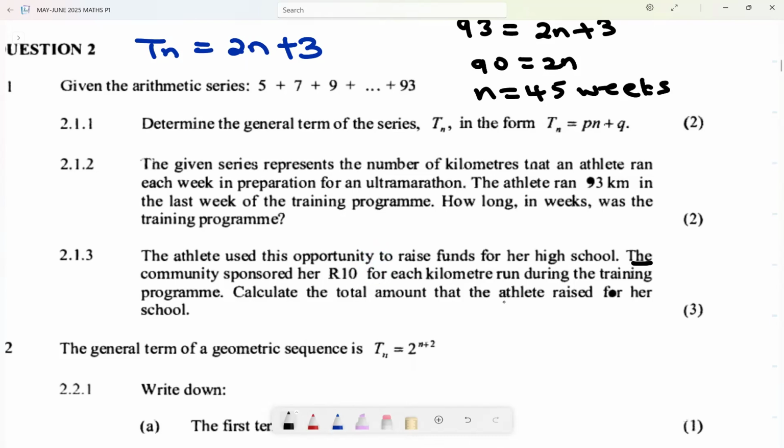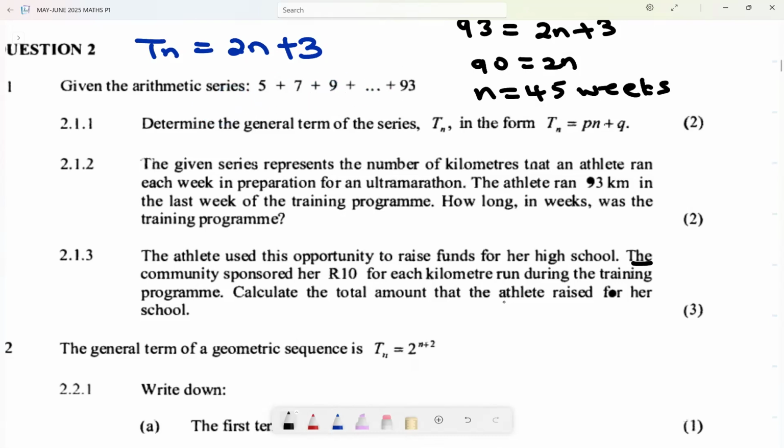If I had enough time, I could have said 5 multiplied by 10, because these are 5 kilometers, and then multiply this by 10, and this by 10. But I need to know how many there are.